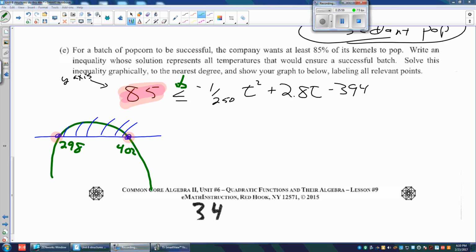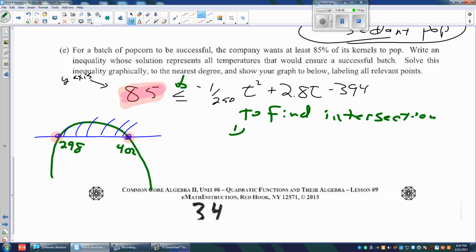So what were those steps to find the intersection? Number 1, graph both equations.